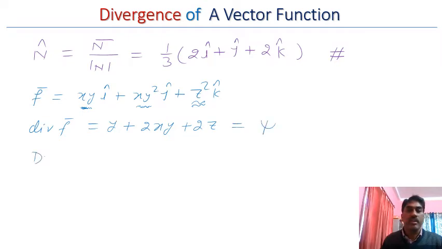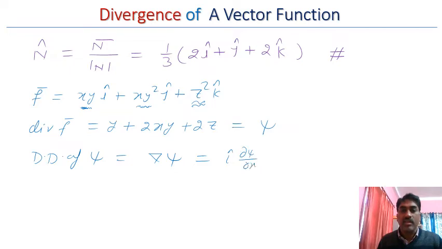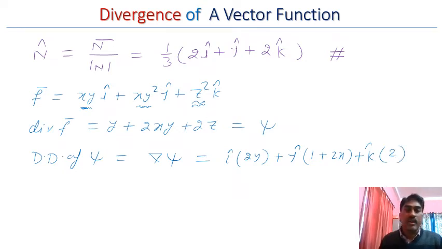So the directional derivative of psi is del psi, where psi is the divergence of f. This means i del psi by del x plus j del psi by del y plus k del psi by del z, which is 2i plus j(1 plus 2x) plus 2k. And now again we need to find it at (2, 1, 2).